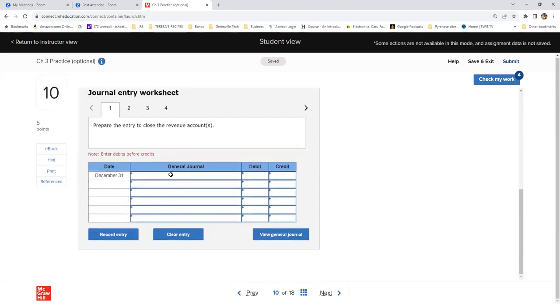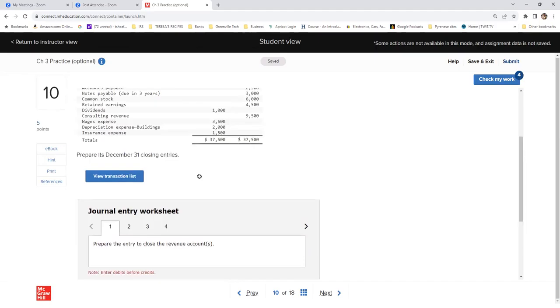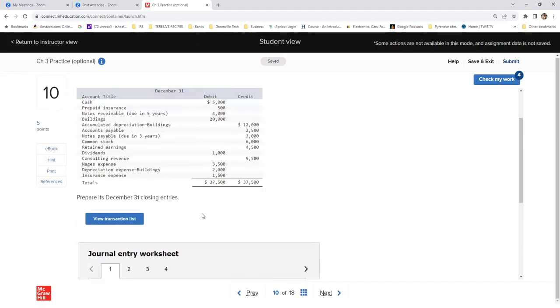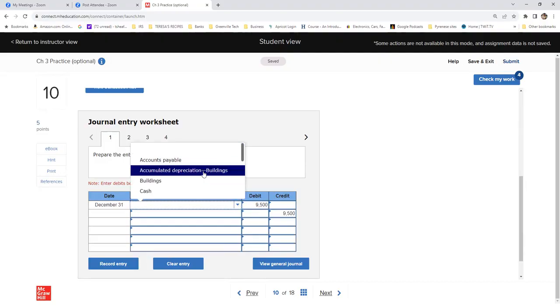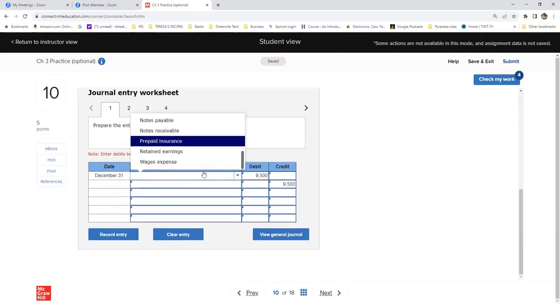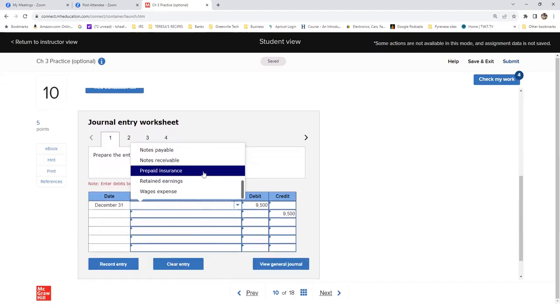So first one we're going to do is close out the revenue account, and we have 9,500. So to close out the revenue account with a balance of 9,500, we're going to debit revenue. Just somewhere here. Yeah, consulting revenue.